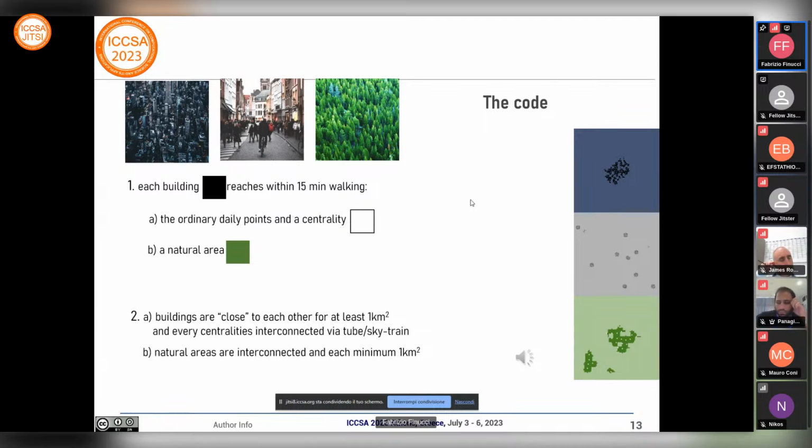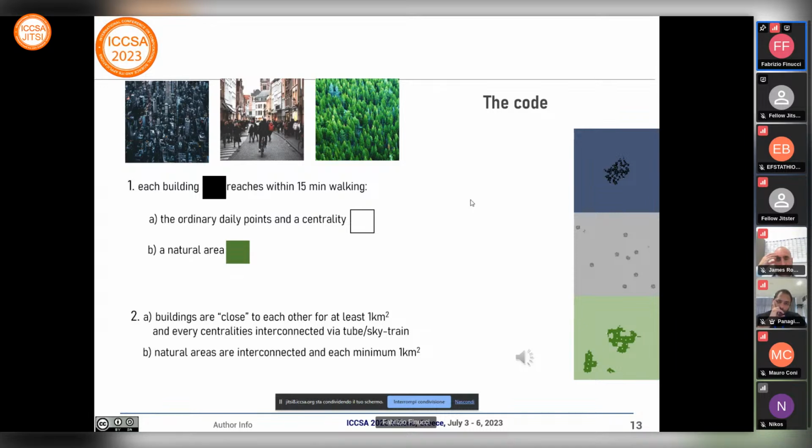For simplicity, in the simulation that we see later, we will merge the ordinary daily points and the centrality, assuming that in a centrality you already have all the ordinary daily points, such as shops, schools, working places, and so on. And a natural area, which is here labeled as a green square.